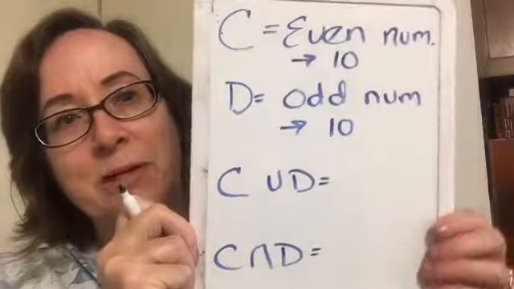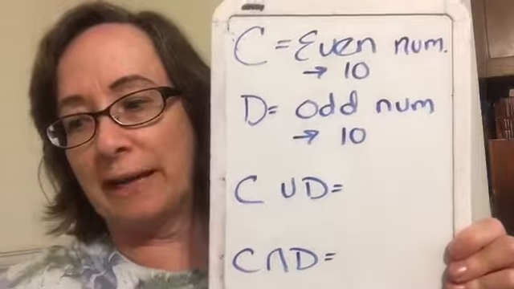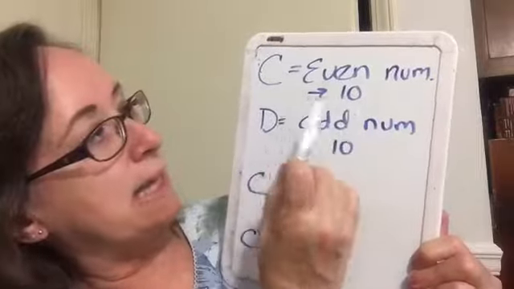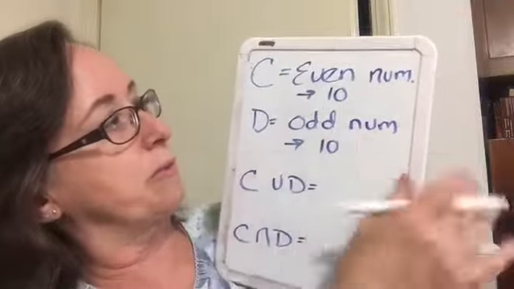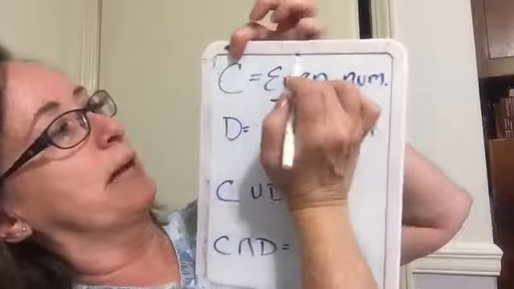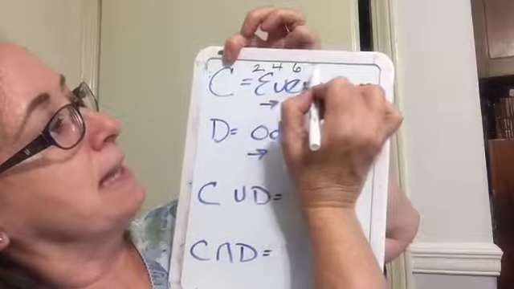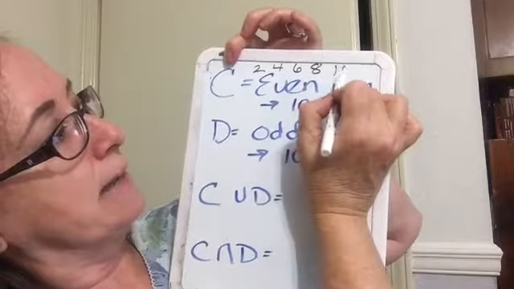In board C, I've defined 2 more sets. The first one is the even numbers through 10. C is the set of even numbers through 10. Well, let's see if we can write C. We'll write it up here at the top: 2, 4, 6, 8, 10.